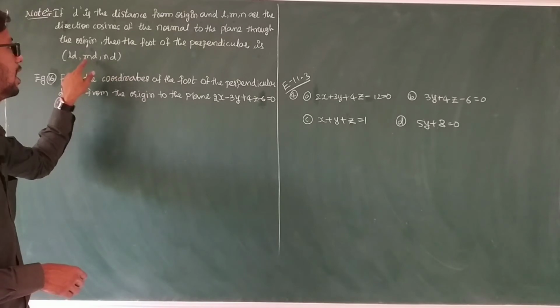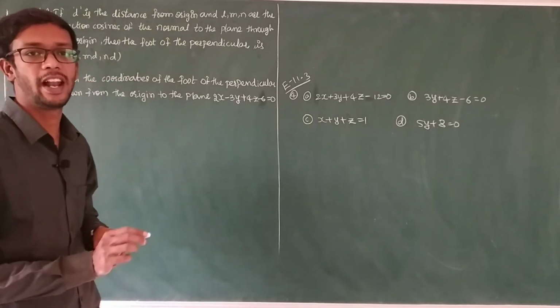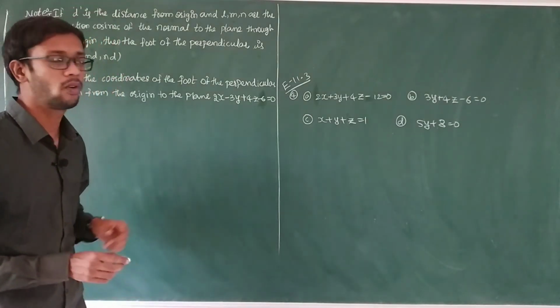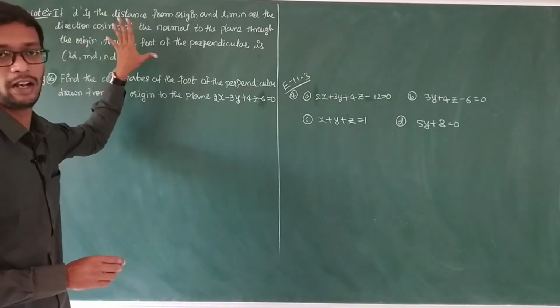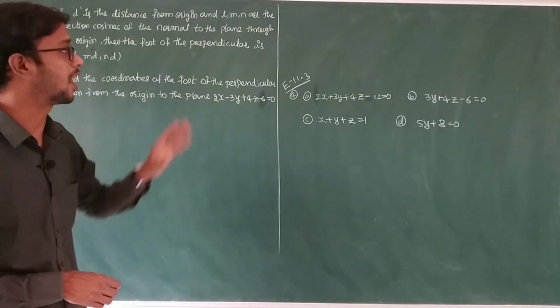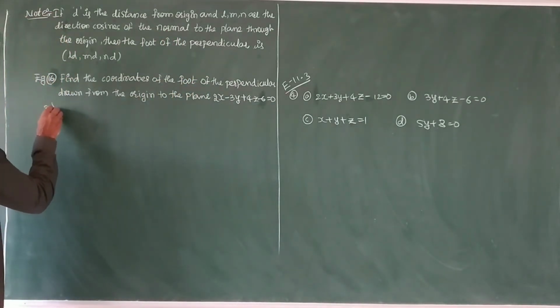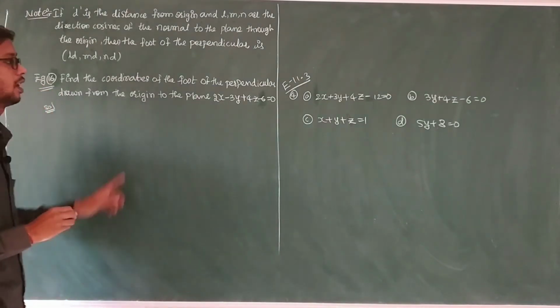D is the distance, L, M, N are the direction cosines of the normal to the plane. Using this note point, problems are very easy. This is a shortcut method.